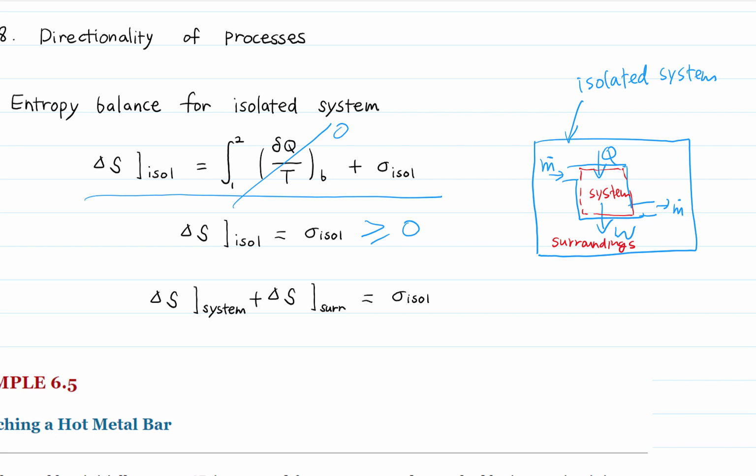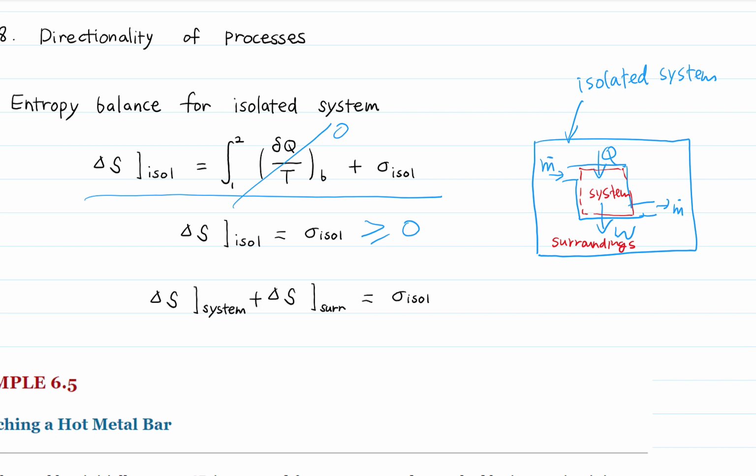A subsystem means it is a part of the isolated system. We know that the energy is conserved during the process. We can apply the first law of thermodynamics to the isolated system. But the entropy is not conserved if it is an irreversible process.